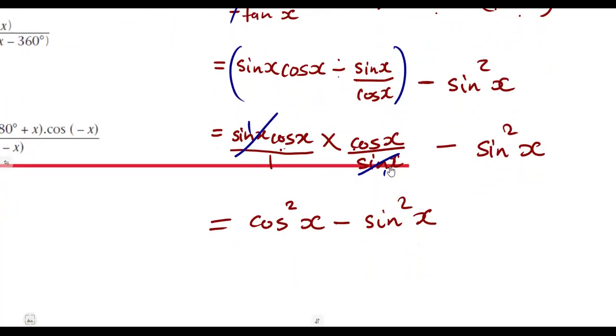Or in this case, it is up to you, guys. Either you can leave your answer like this, or you can change one of these. You can change a cos to be a sine, or you can change a sine to be a cos. Remember, in our simplification, it is possible. So you can either leave your answer like this, because this one is not like a proof.